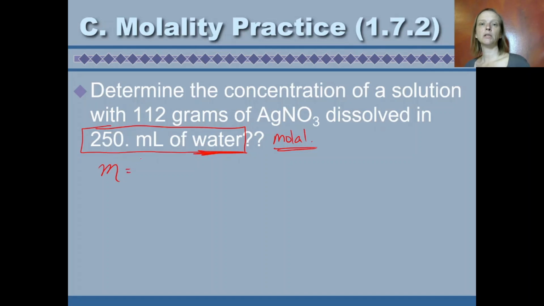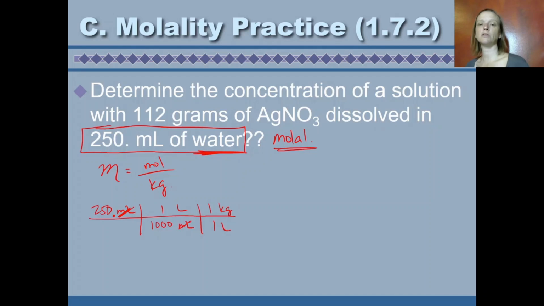So molal equals the number of moles divided by the kilograms of solvent. Again, here I'm given a number, 250 milliliters for my volume that I want to convert to kilograms. There are 1,000 milliliters in 1 liter, and then 1 liter is the same as 1 kilogram when you're talking about water.